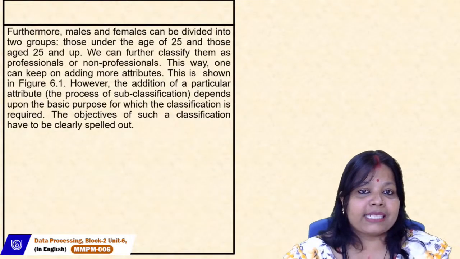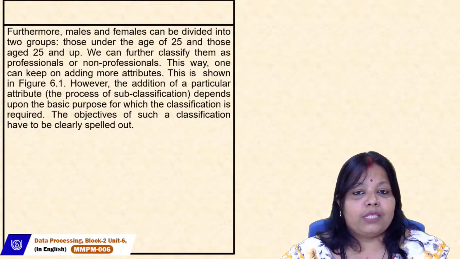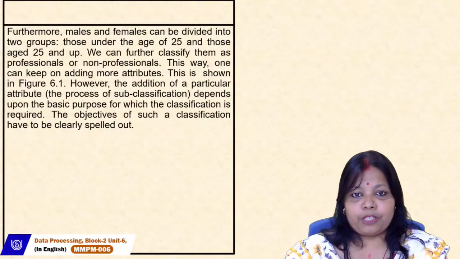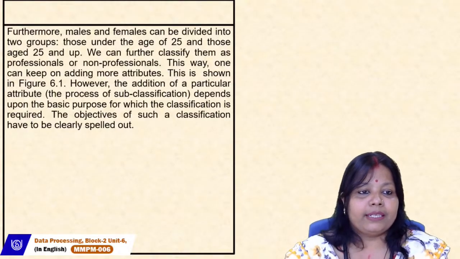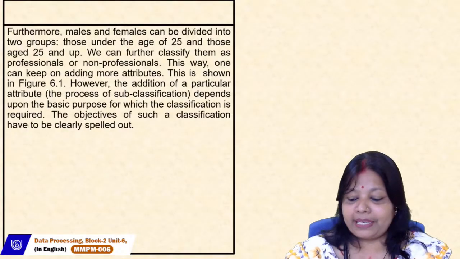Furthermore, males and females can be divided into two groups, those under the age of 25 and those aged 25 and up. Then we can further classify them as professionals or non-professionals. This way, one can keep on adding more attributes. This is shown in 6.1, which I have already discussed. So the basic objective of such classification has to be clearly spelled out.